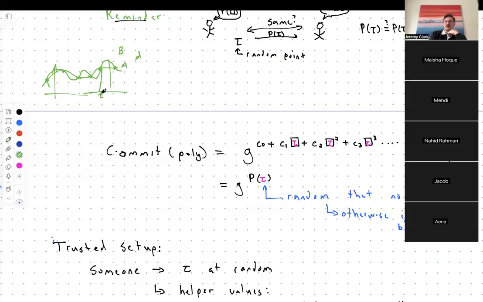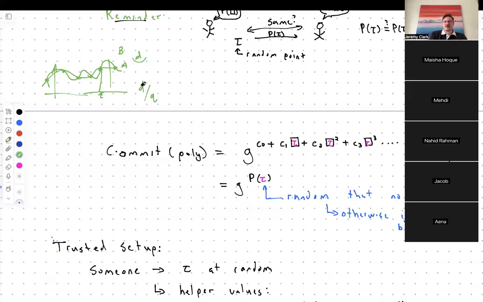And what's the probability that tau will be at one of those D points? Well, it's going to be D over the number of values of tau, which is huge, which is Q. So the probability that I can break the binding property of this polynomial is going to be D over Q. Remember, Q is a big prime number that's like 256 bits.